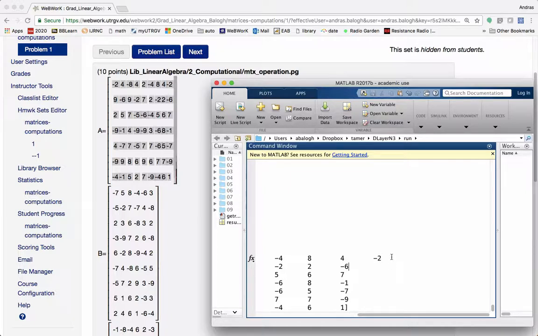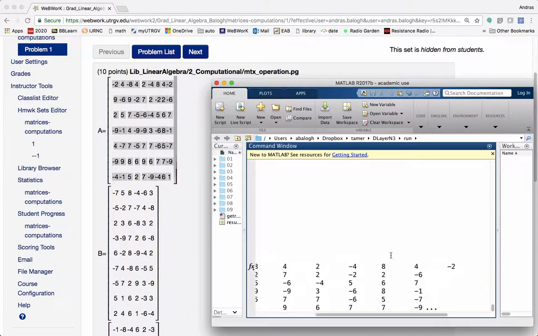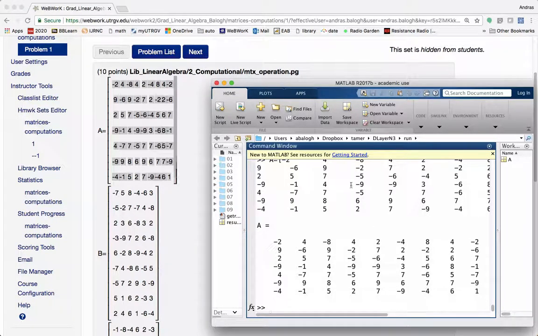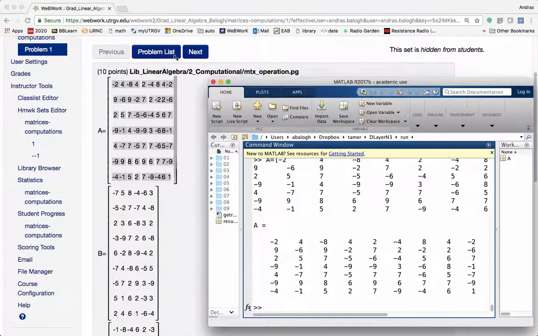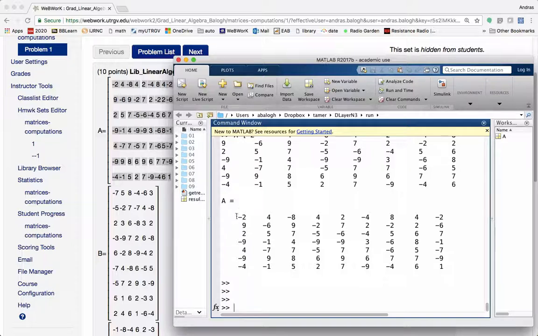Actually, you can also do it even from here. Once you completed the syntax, A equals open bracket, then the matrix, then close bracket, you can just press enter. And of course, MATLAB shows you again what the matrix is that you entered. Again, pay attention to the 1-1 entry and the negative sign. It's easy to miss.